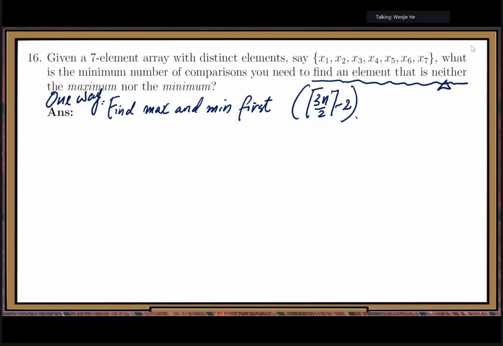After you find the maximum and minimum, you just pick any one other than max and min.